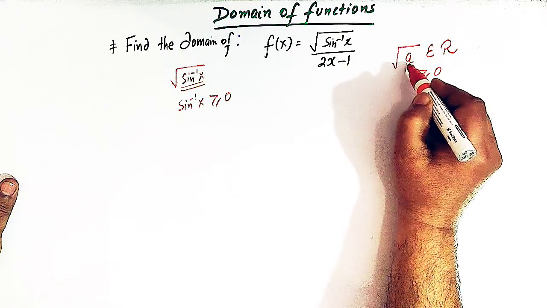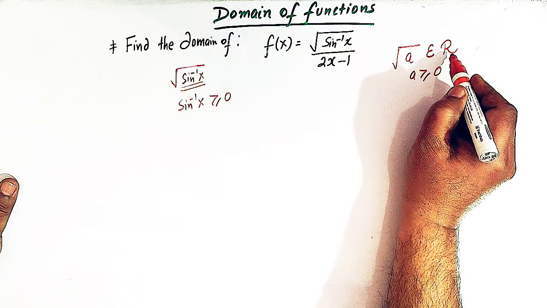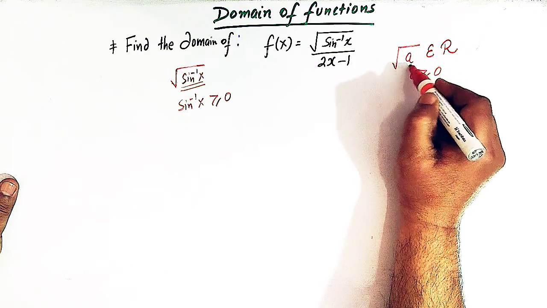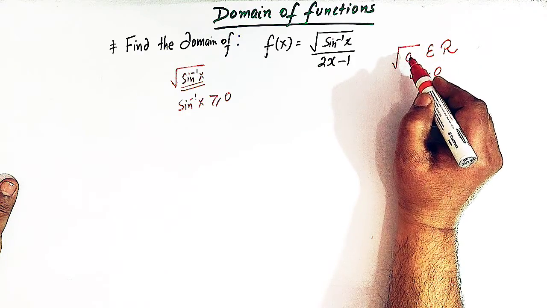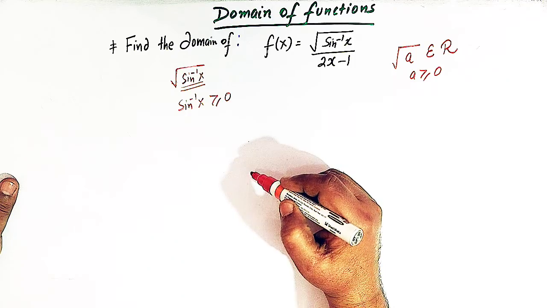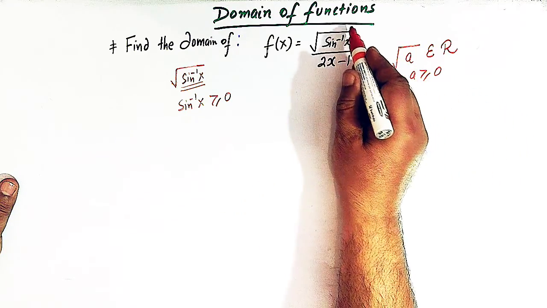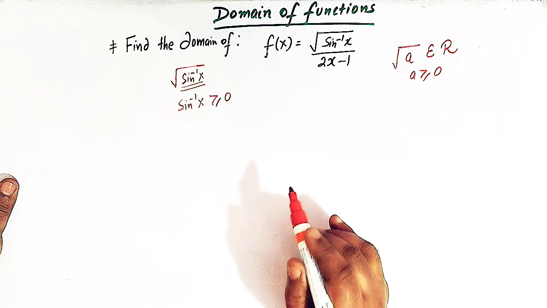Then only square root of a can belong to the set of real numbers, because if we have a negative number inside this square root sign, then we'll get a complex number. So here we are dealing with only the real numbers.